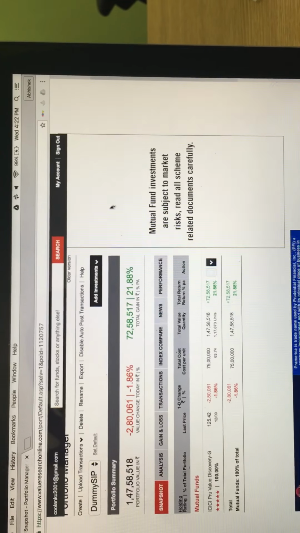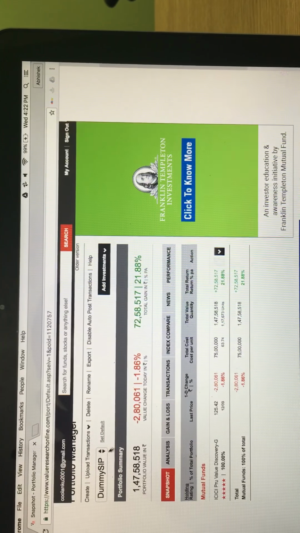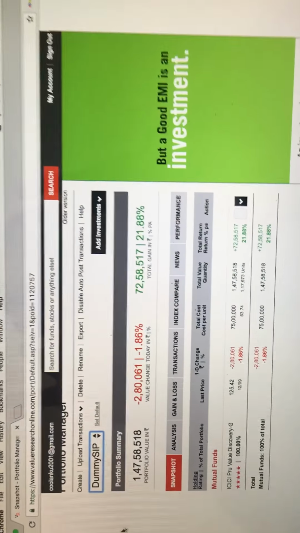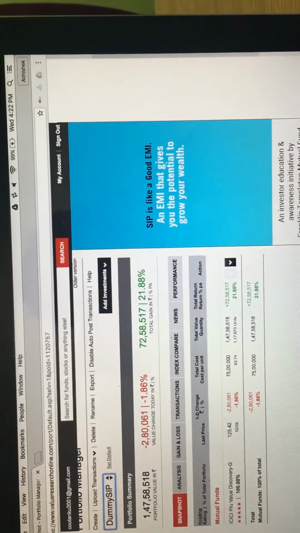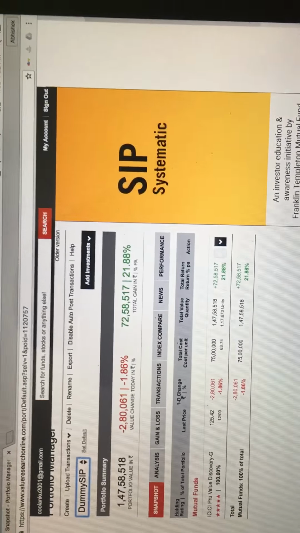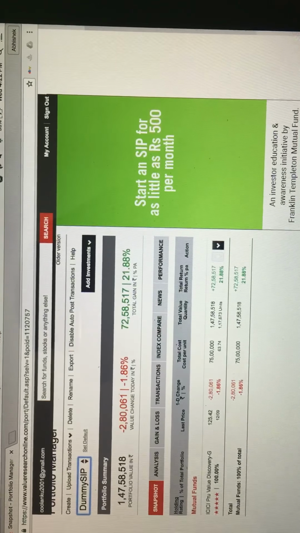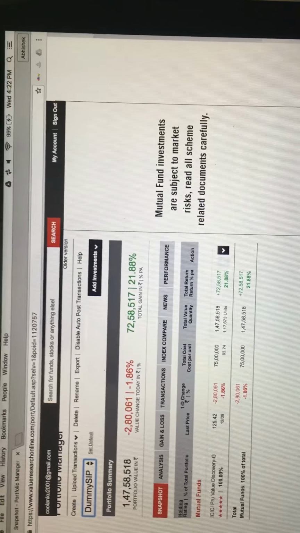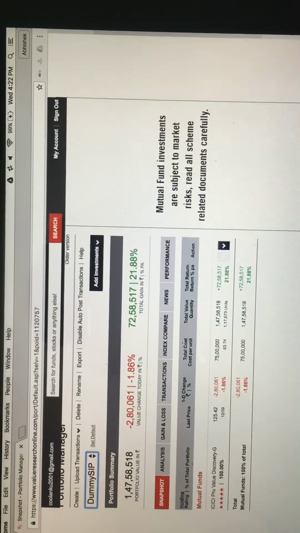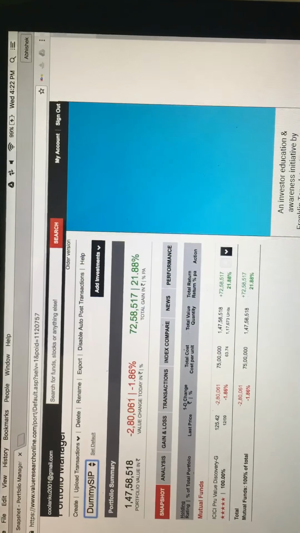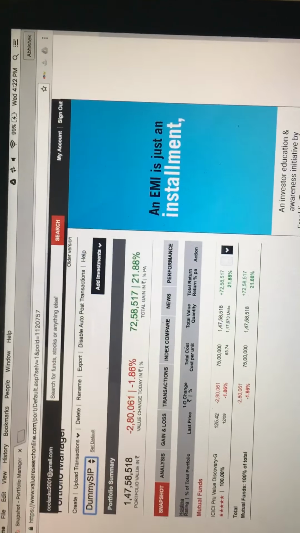Now let me try and explain the differences between SIP and STP. What is an SIP and an STP? SIP is a systematic investment plan, and a systematic transfer plan is what we call an STP. Let's say I get a salary every month, and I decide that I want an X amount out of that salary to be invested every month.